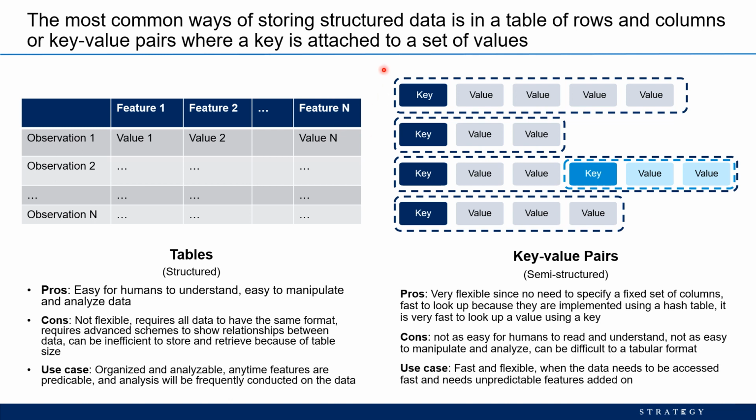One structure is not necessarily better than the other structure. It's just important to know the use cases for the different structures, what you're trying to do, and knowing when to use them. There are many more types of structures out there, but these are the two most common that you'll probably be working with the most.